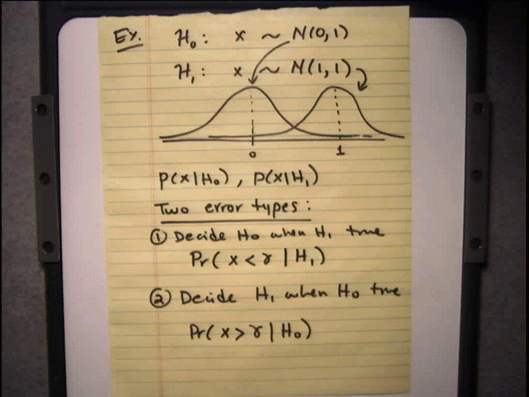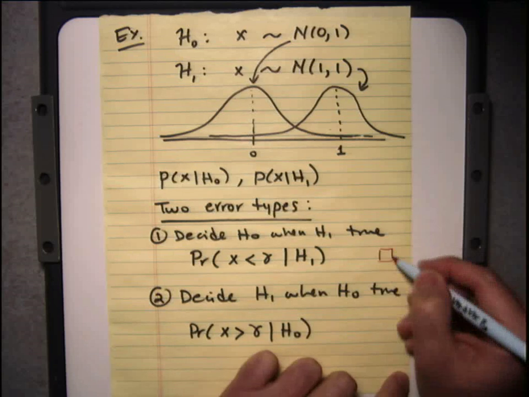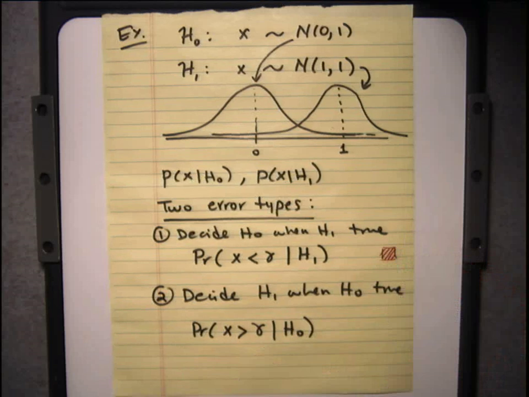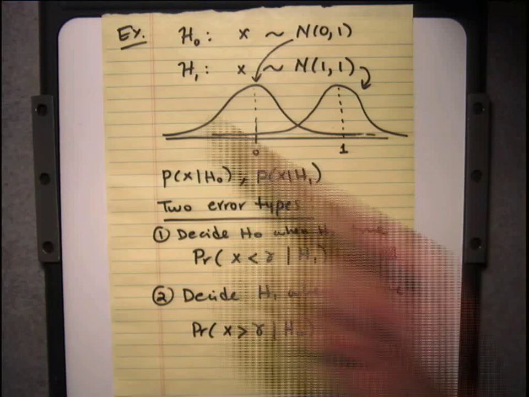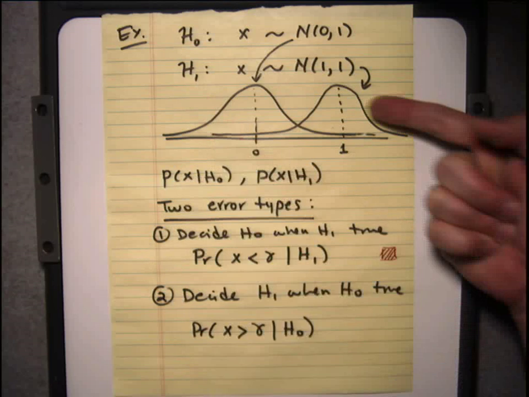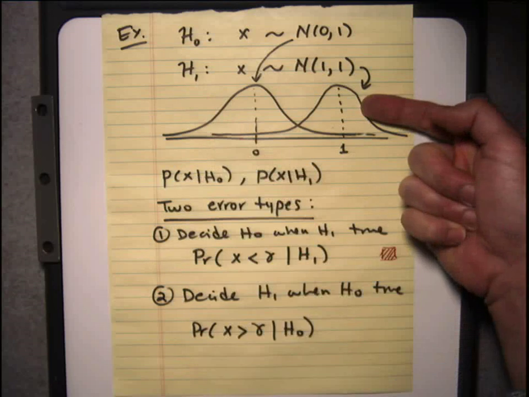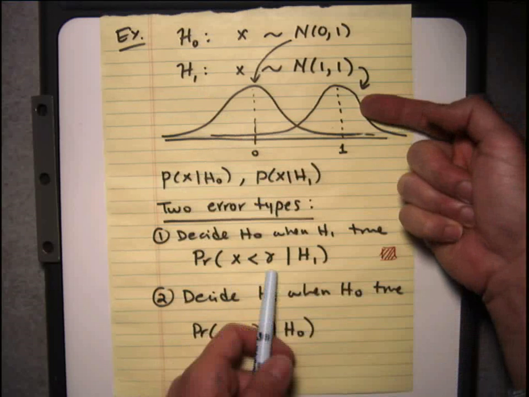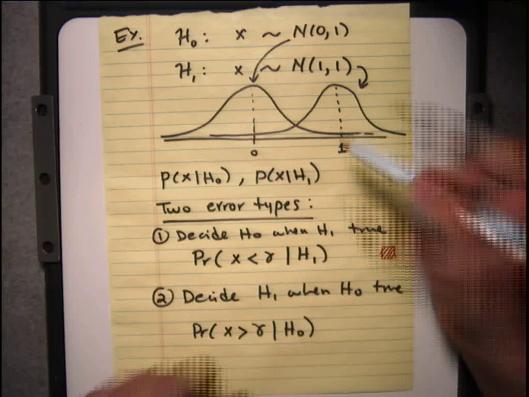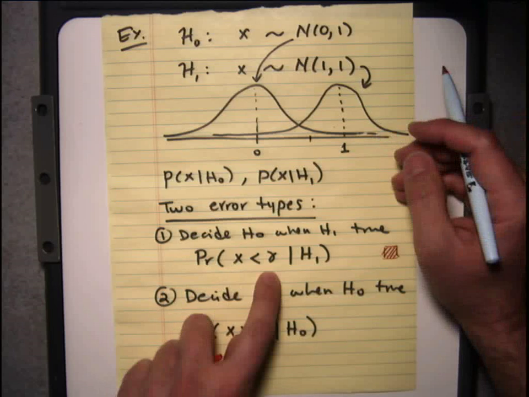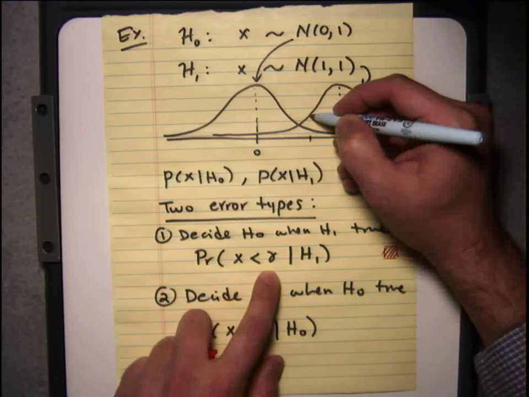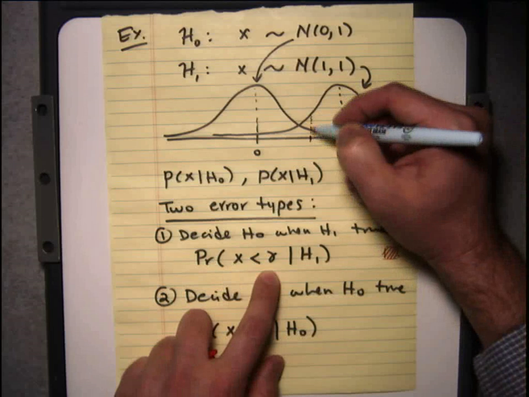Okay, so I'm going to color this one red. When you say given H1, it means I'm going to be working with the distribution for H1. So I go to this curve. Probability that x is less than gamma. Let's say I pick my threshold to be here. So I draw this line, and this is my gamma.